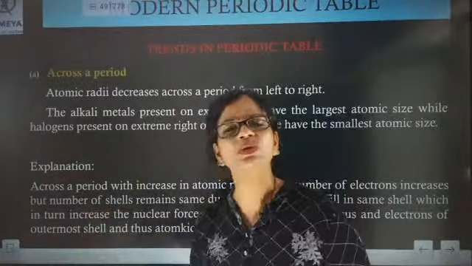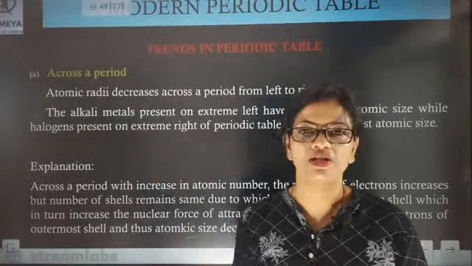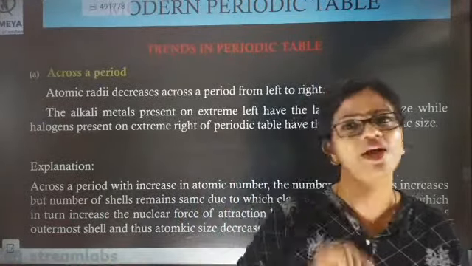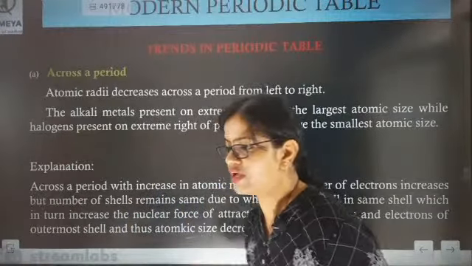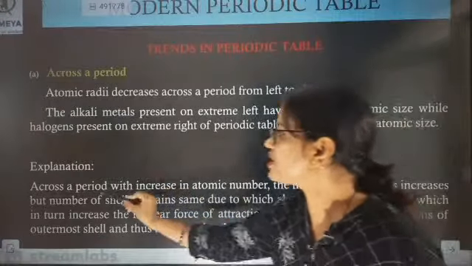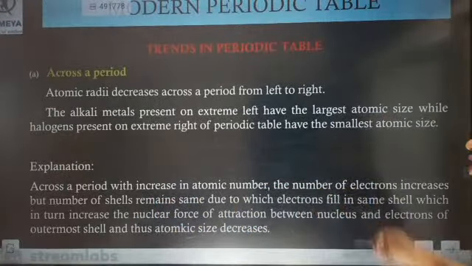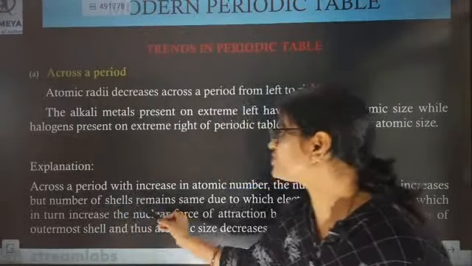Now what is the explanation you have to write in the examination? If you are drawing, it is a very good thing that you are explaining with a drawing. But what should be the apt explanation you give? That explanation point you must underline also. That is, across a period with increase in atomic number, the number of electrons increases but the number of shells remains the same.